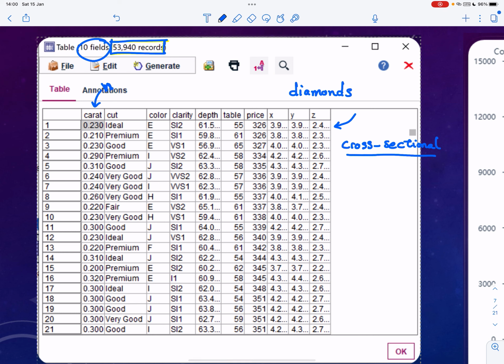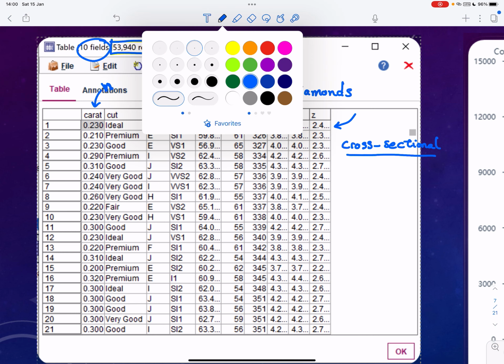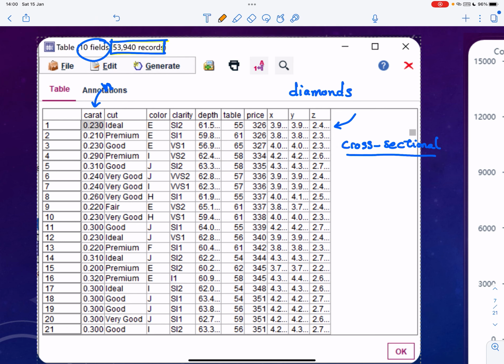So I put an N here. Let me change the color. What about the cut? The cut seems categorical to me because there are a few repeating values like ideal, and then premium and good, premium, good, very good, very good, very good, fair, very good, good, ideal. You can see that they are being repeated.